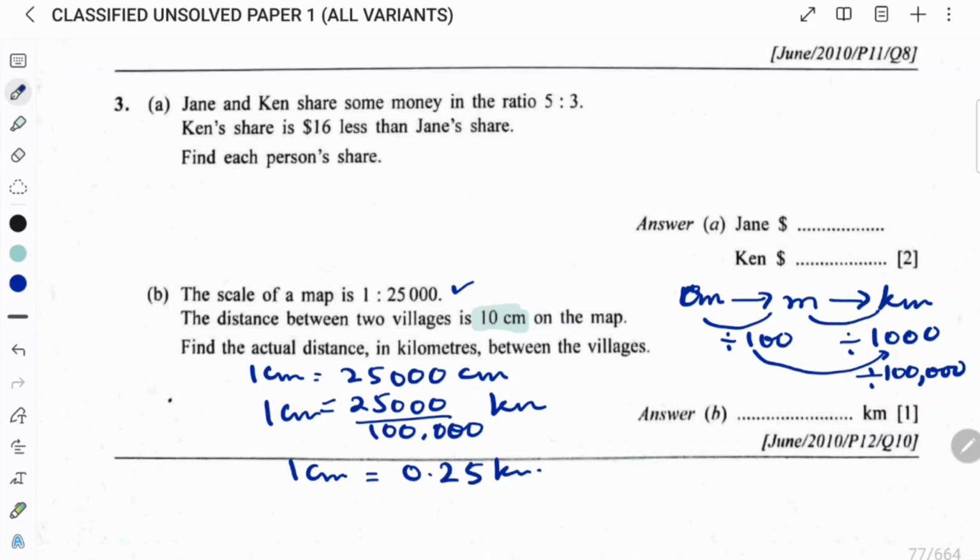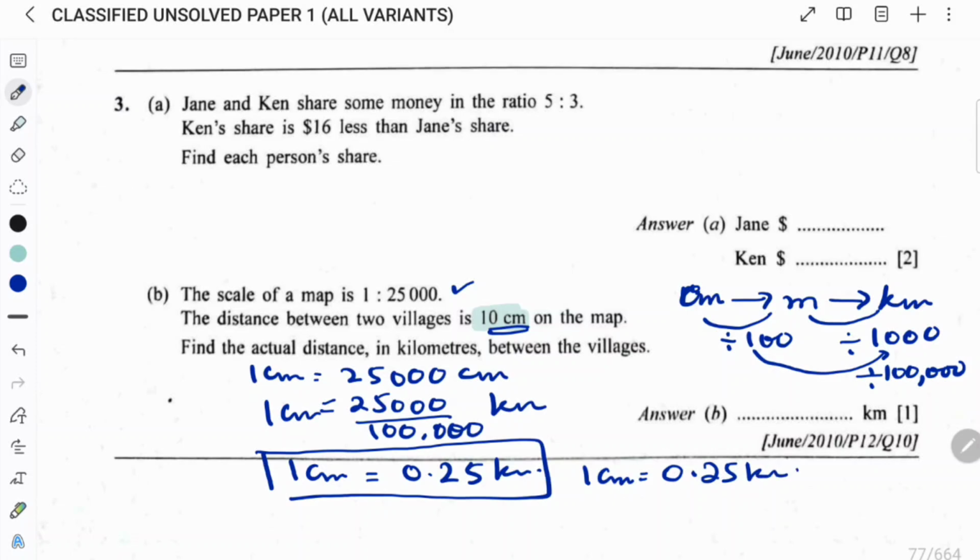Now 10 centimeters is on the map. This scale you will take in the question. So 1 centimeter is 0.25 kilometers. Then for 10 centimeters, if you take the fraction it's easier, but it's a conversion and multiplication or division with 10, so it's easy.